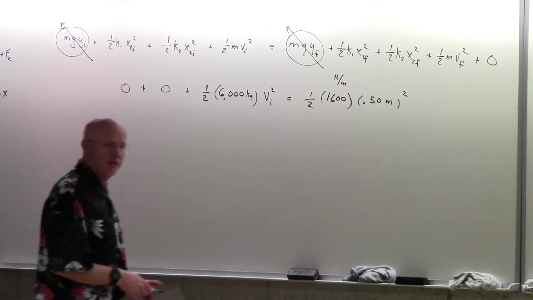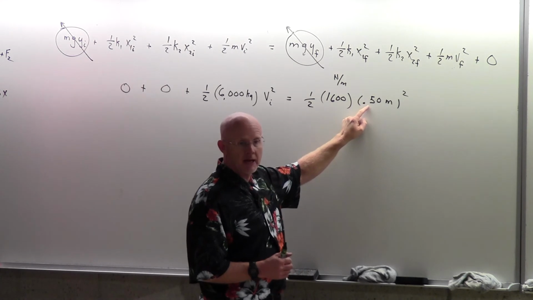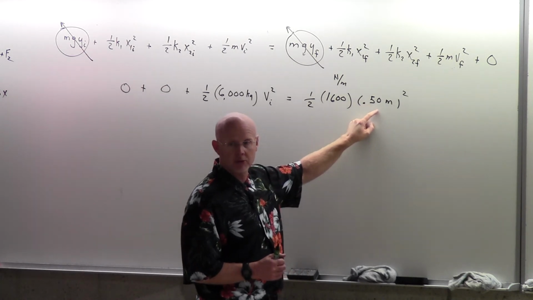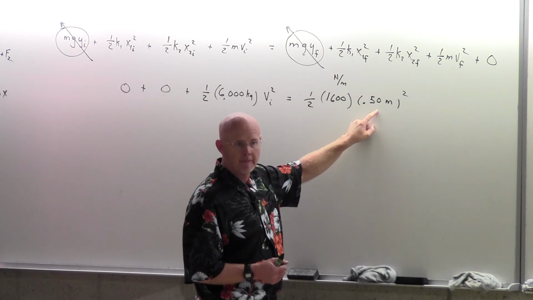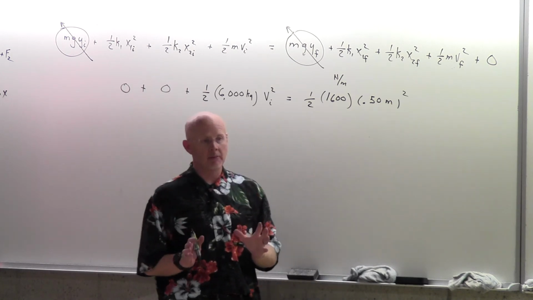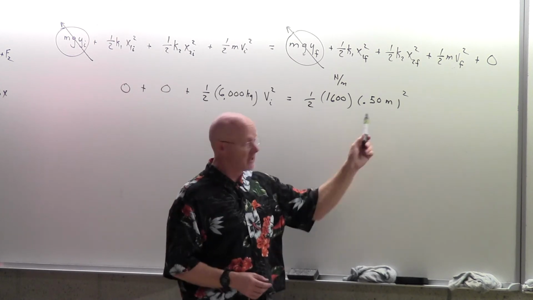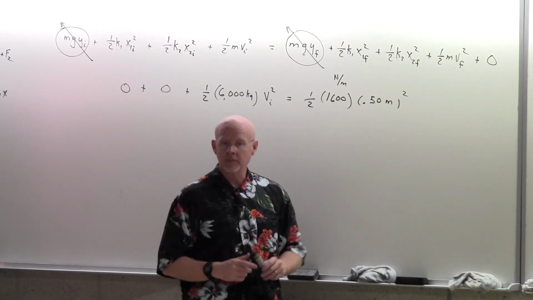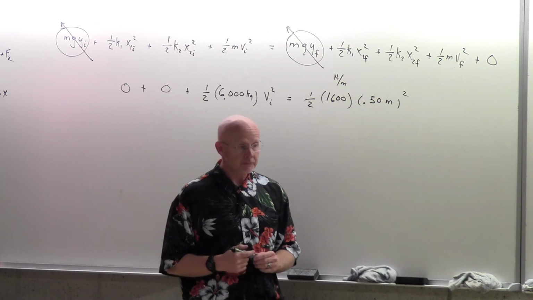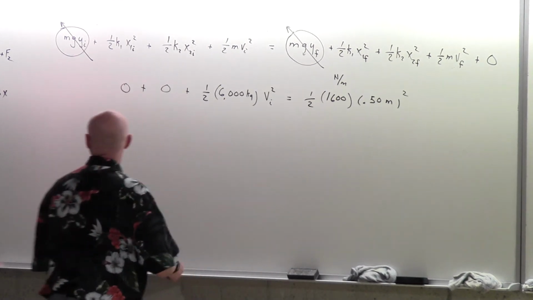Oh, by the way, would this be a positive or negative 0.5 meters? Okay, you say it doesn't matter. I agree. Why doesn't it matter? Okay, mathematically I'd say it doesn't matter because I'm squaring it. Physically I'd say it doesn't matter because, again, back to Hooke's law.